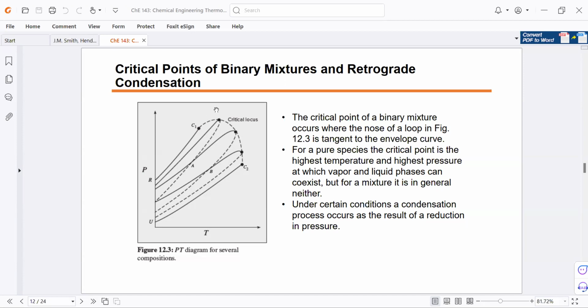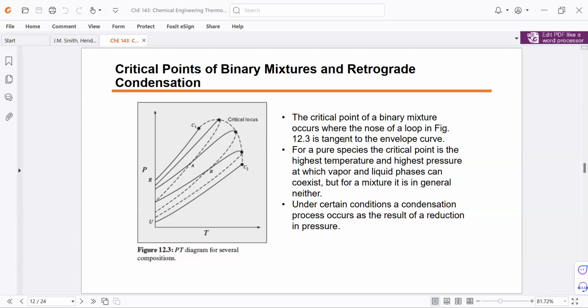For example, this mixture right here, its critical point would be here, and so on and so forth. And if we draw the tangent line across all of these points, it would represent the critical locus.